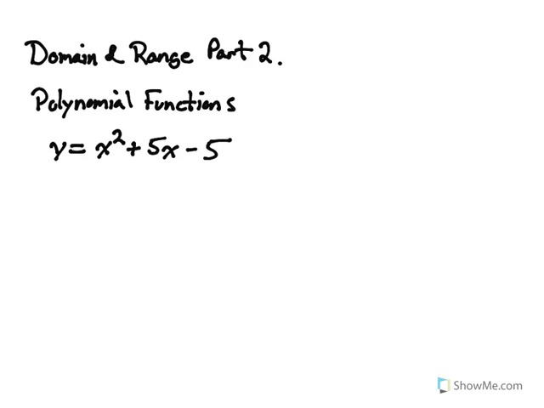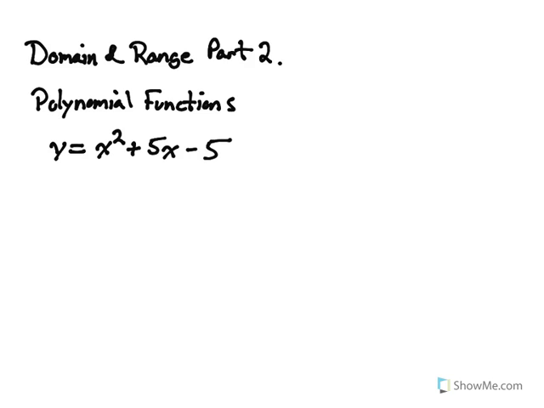Well, you want to ask yourself, when you do the domain and range, are there any restrictions? In other words, can I plug in anything I want for x and get a corresponding y value? Well, you can. So the easy way to determine the domain and range for a lot of functions is you want to look for restrictions, interruptions, square roots, and fractions.